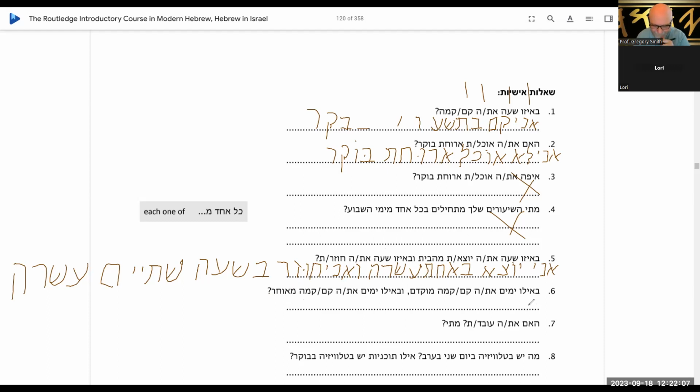Ani lo kam mukdam. Let's see. אני לא קם מוקדם בשום יום. Bashum yom. I'll try that one. Ani lo, so I don't come, and then mukdam.